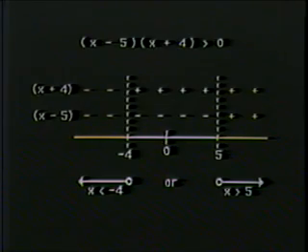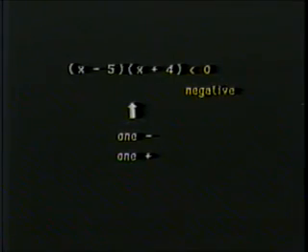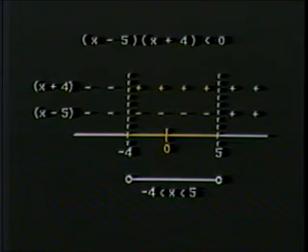And notice that at the same time we've automatically worked out the answer to the opposite inequality. Now we're dealing with less than 0, a negative number. To fulfill that inequality and get a negative answer, we need one positive and one negative bracket. But one look at our graph tells us that we've already worked out that information.